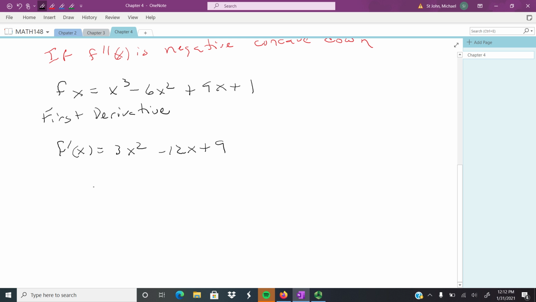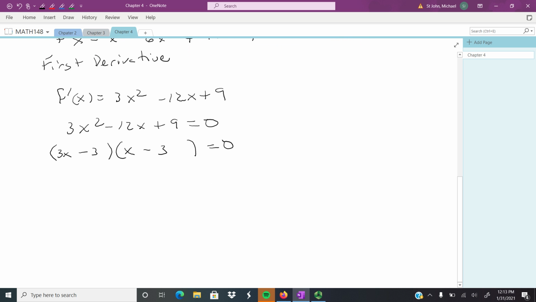Next step is we take the first derivative and we set this equal to 0. And we want to see if we can factor this. And so if I do, we get a 3x and an x, and then it'll be a minus 3 and a minus 3 by factor.